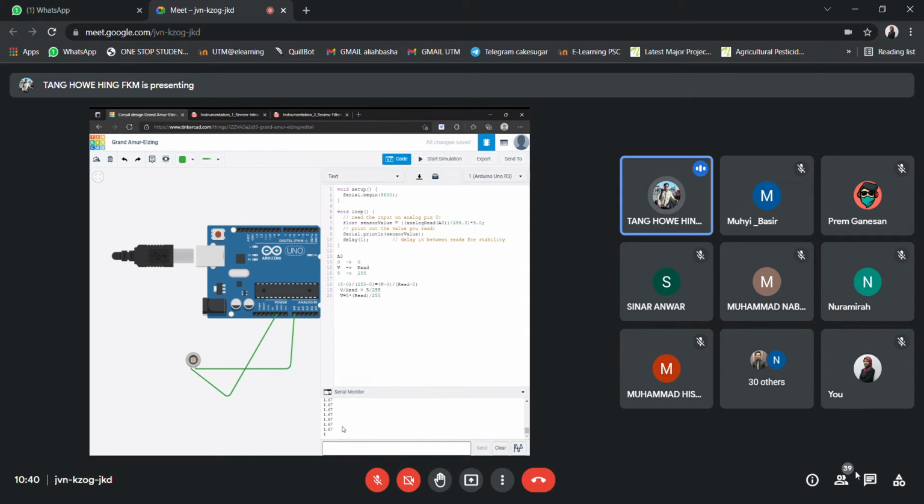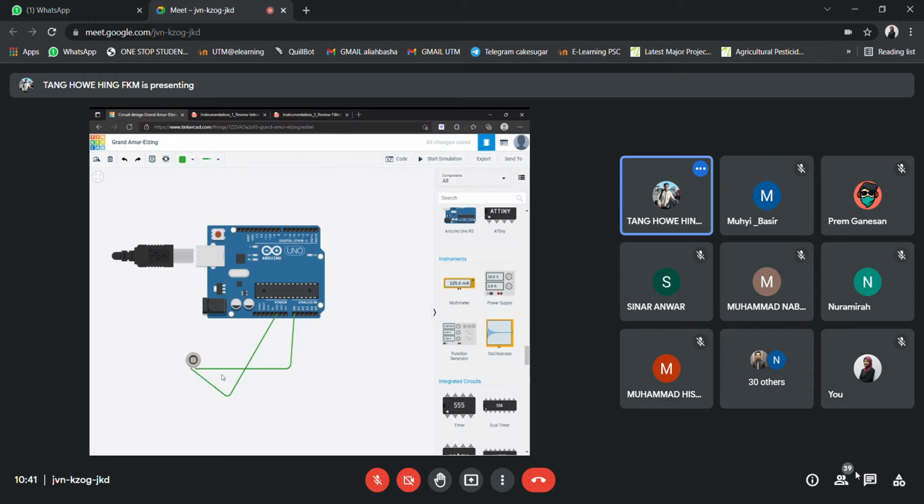That's why the maximum that is read by this Arduino Uno is only 1.67. And therefore, to have full sensitivity, so that these sensor readings will be more sensitive to the change of the lighting, we need to have an amplifier.